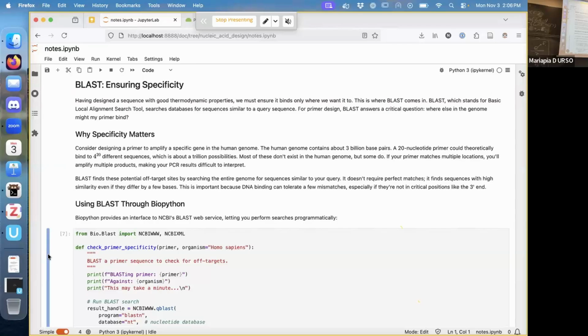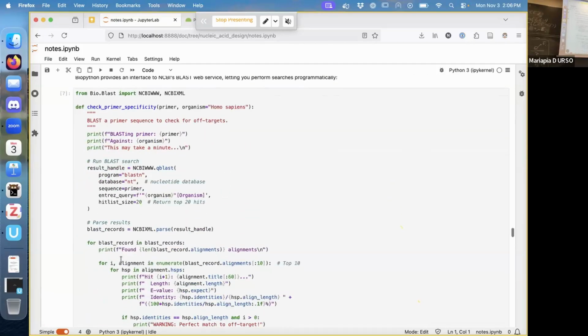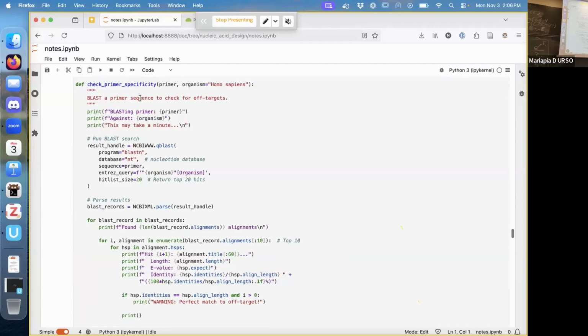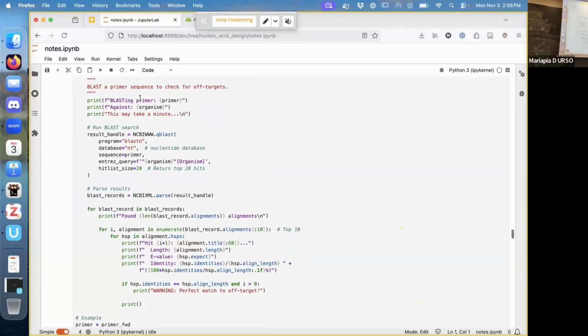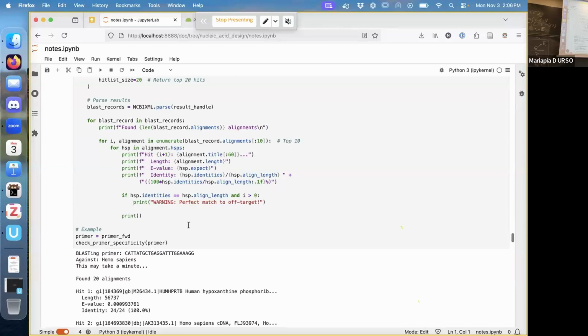Blasting is you take a piece of DNA and you compare it to all the DNA in some organism. You can do this locally, which might take some time, or there are web servers that do it for you. This is also a good idea to check what's called specificity, so that you're only amplifying the gene that you're interested in, not too many others.